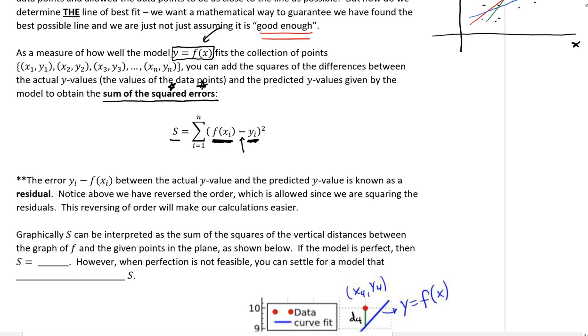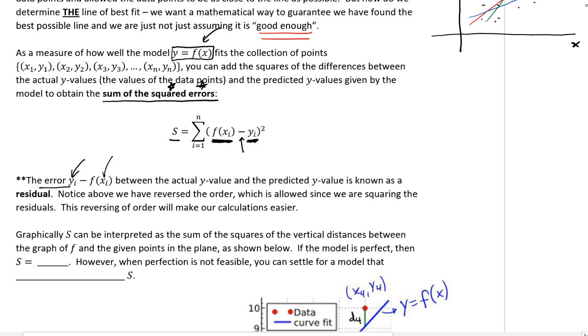In general, the error is the actual data value minus the predicted data value. Another name for this is a residual. You'll notice in our sum of squared errors formula above, I reversed the order, so we did the predicted value minus the actual value.